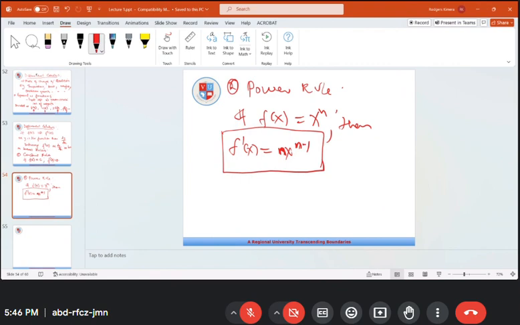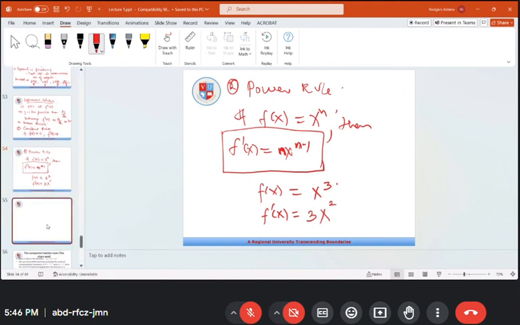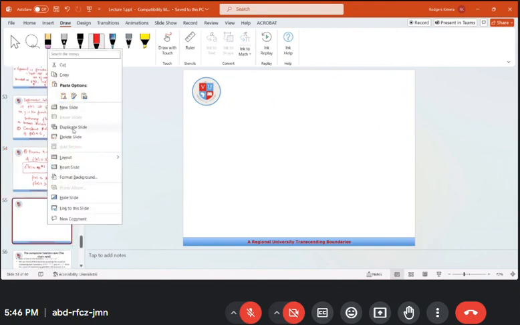This is the power rule. And for an example, if this one was executed, then you would get the derivative by just taking out the power and then reducing the power by 1. That is important. Okay. Now, those are so far 2 rules.